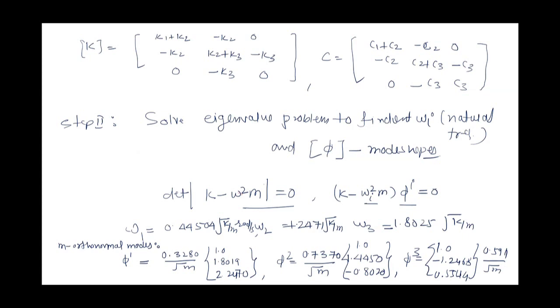So in the last lecture we calculated omega 1, omega 2, all the natural frequencies and all the mode shapes. Then we orthonormalized all the mode shapes and we got these mode shapes from there. So now we'll write these mode shapes in the modal matrix form. Our modal matrix phi is equal to phi 1, phi 2, phi 3, and we write this 1 over under root m.